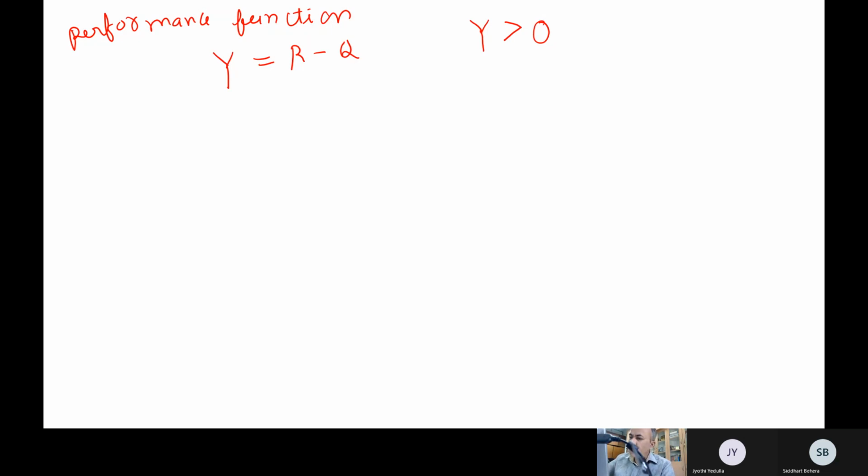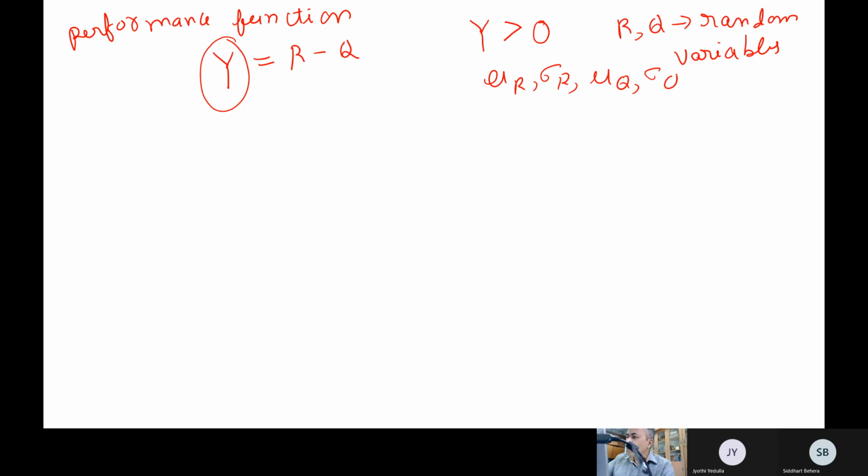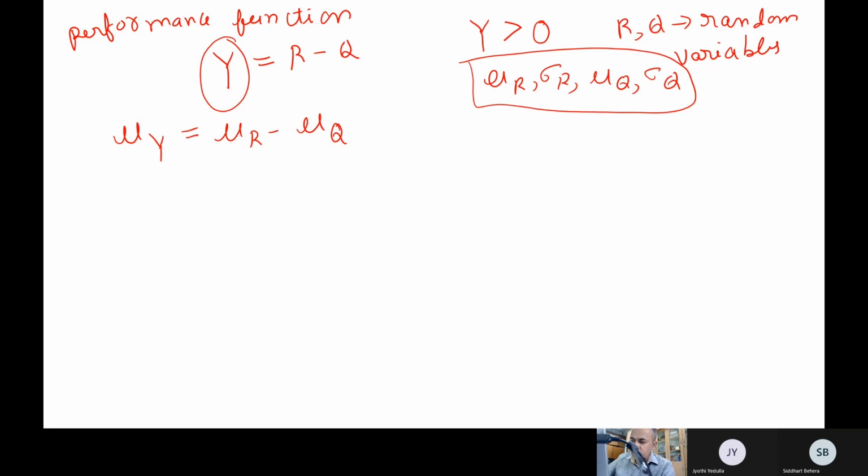Now here also, for example, if R and Q are random variables, then our performance function Y also will be a random variable. So it also will have, suppose if I know mu R, then sigma R, then mu Q, then sigma Q, if I know their individual mean values and their standard deviations, I can also find out mu Y is equal to mu R minus mu Q. So you can easily find this out from this expression.